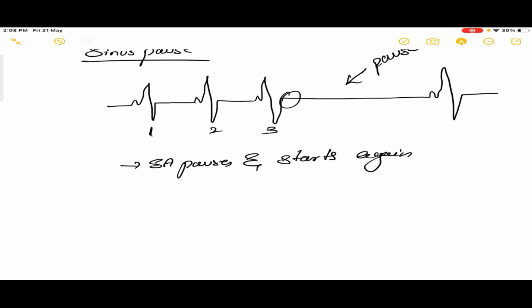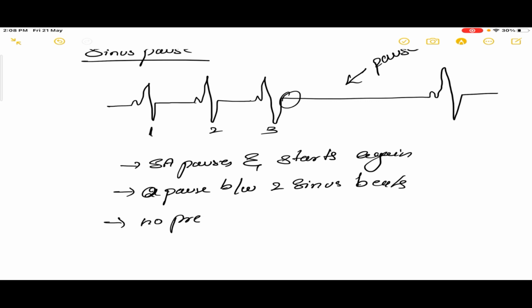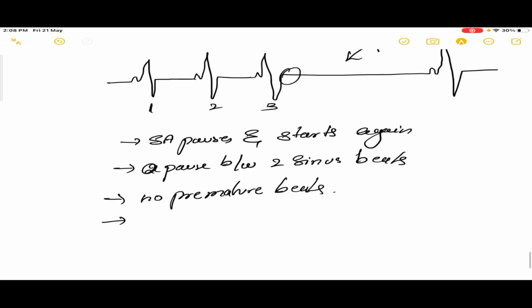So the criteria to say it is a sinus pause: there is a pause between two sinus beats, there are no premature beats, and the previous T wave contour should be normal.